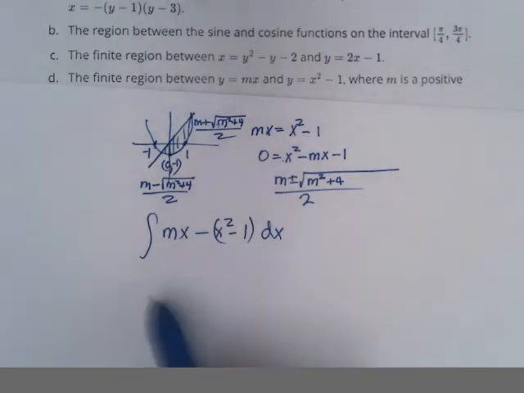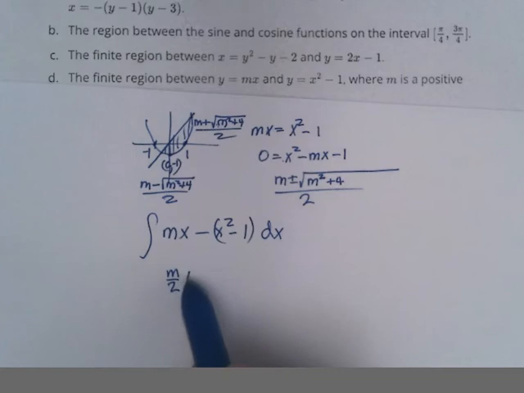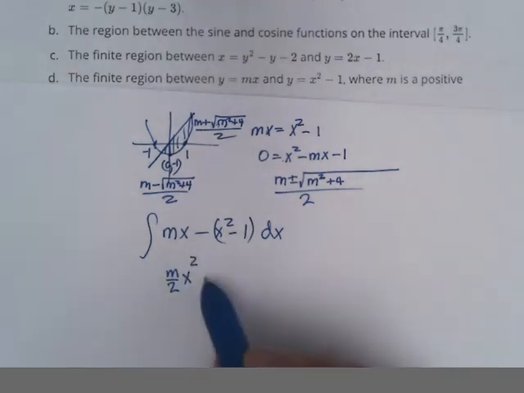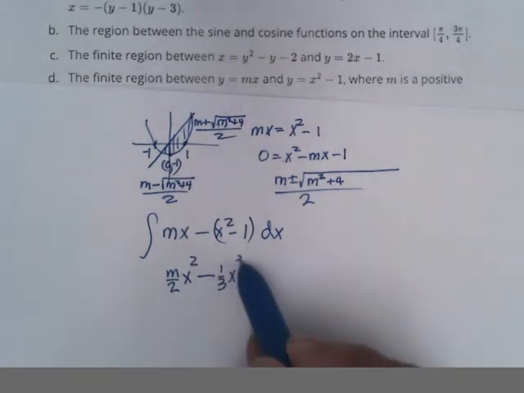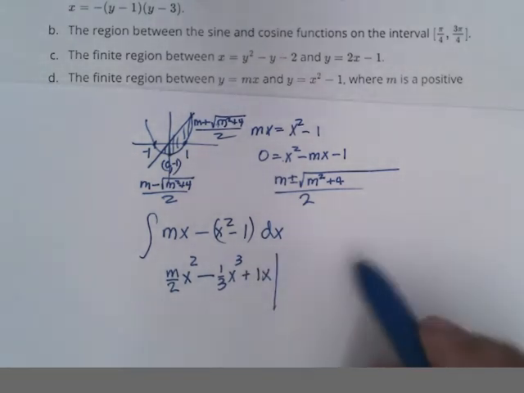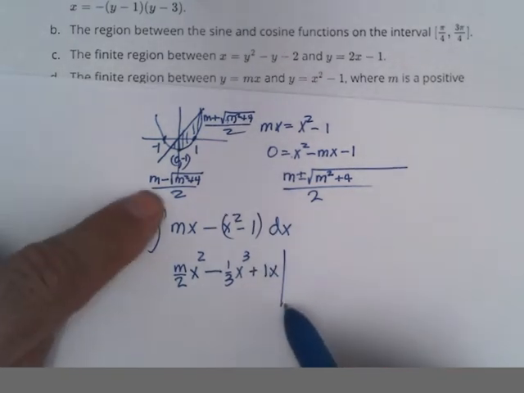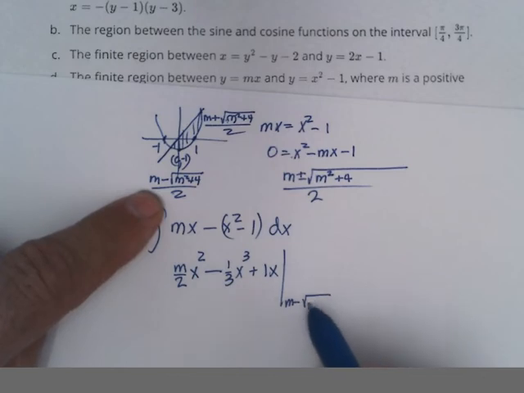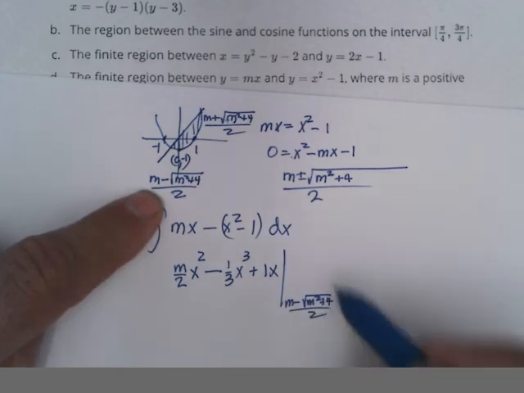So when we integrate this, we get m over 2 x squared minus 1/3 x to the third, and that's plus 1, so plus 1x, evaluated from this one to this one.